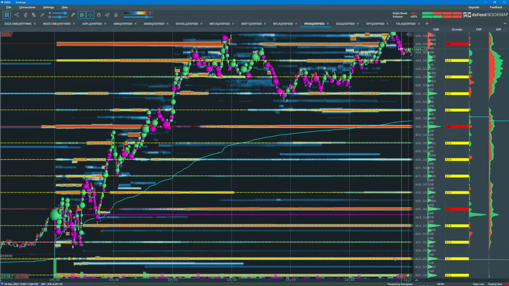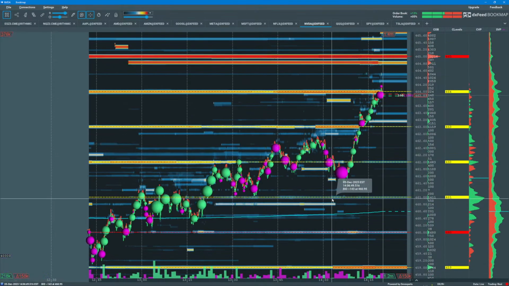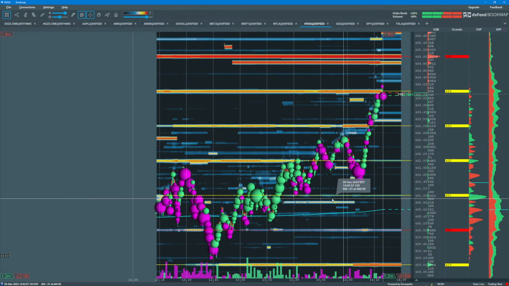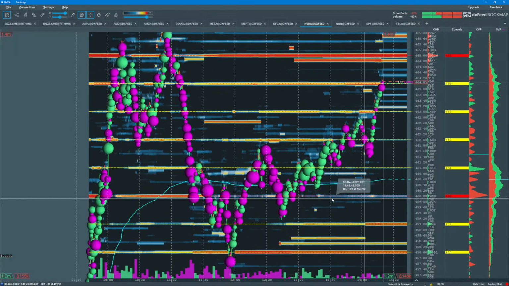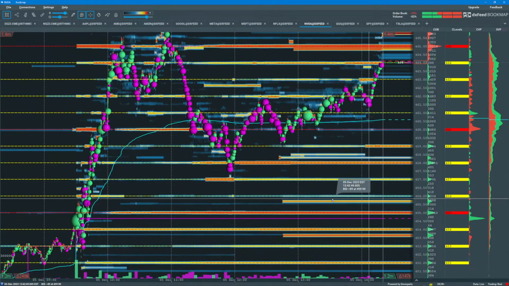All right, so dip buyers coming in again today for NVIDIA, now making its way back up to 465. And NVIDIA is a big driver of the Magnificent Seven, which are big drivers of the S&P 500 and NASDAQ.